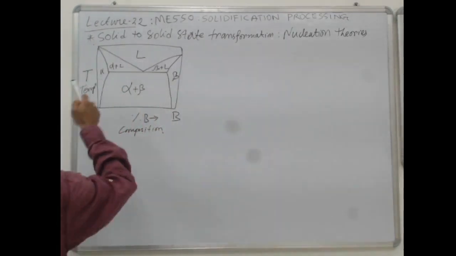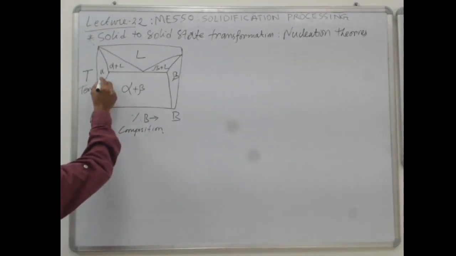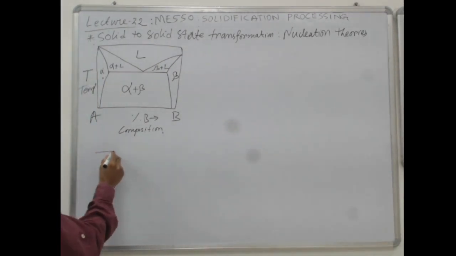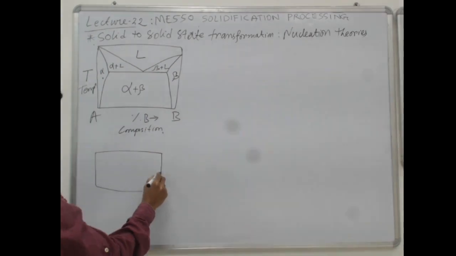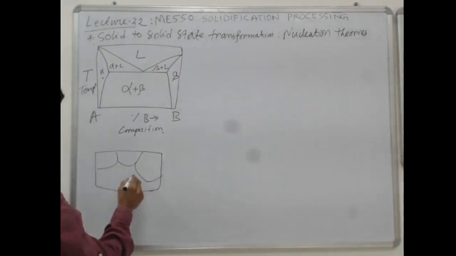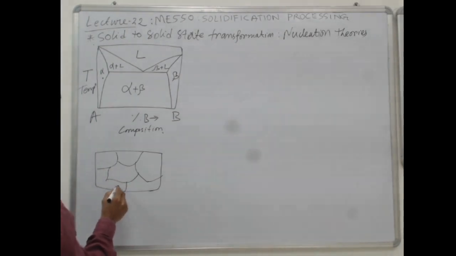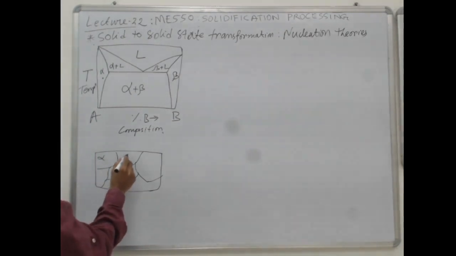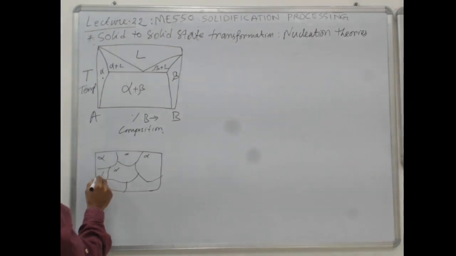If you see this phase diagram, suppose you have a material of this phase only, say the alpha phase. You have a material where you have only alpha phase, so you will have a large number of alpha grains.